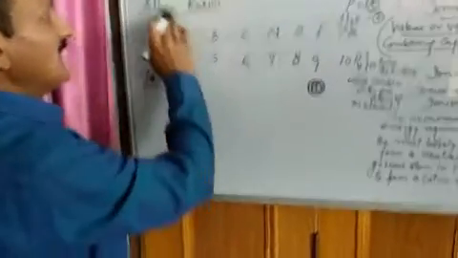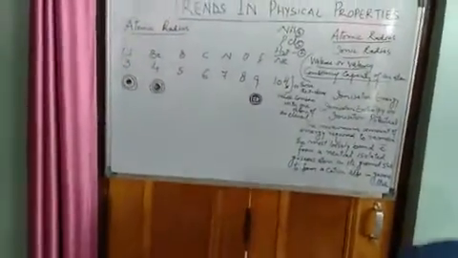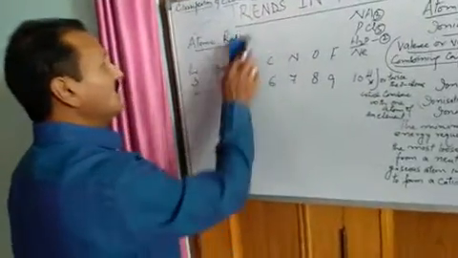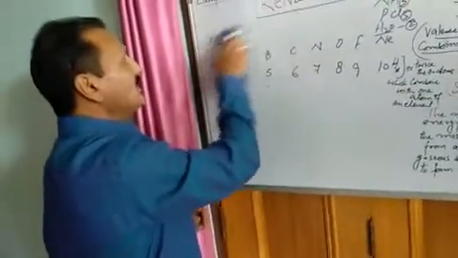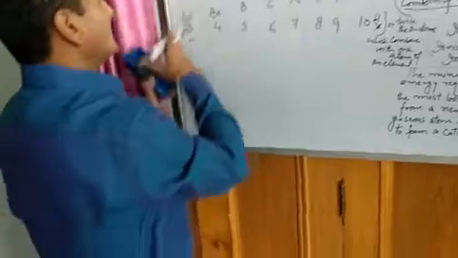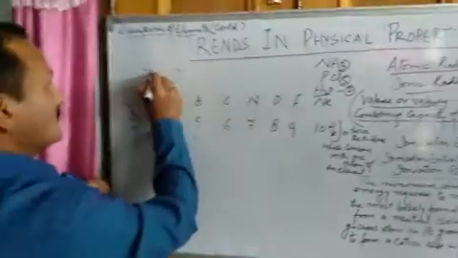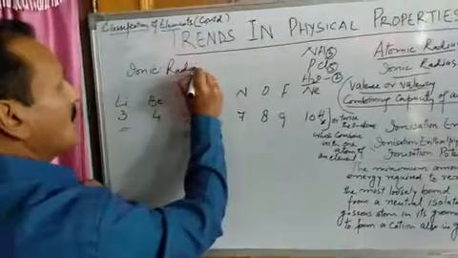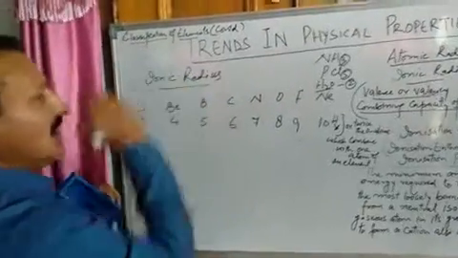Another property we have is ionic radius. Like atomic radius, we have ionic radius now. Ionic radius is the radius of an ion.